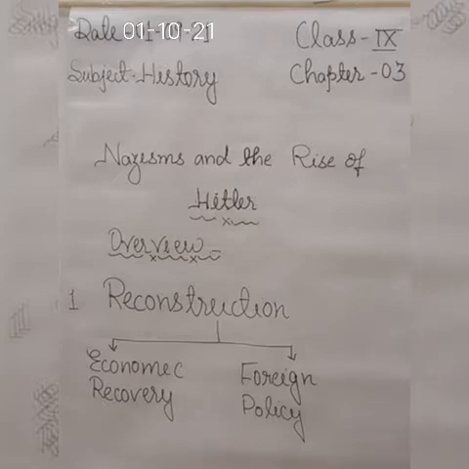But Germany was blamed by the Allied groups for the humiliation and for the destruction of life and property. That's why the Allied powers forced Germany to accept defeat and sign the Treaty of Versailles.